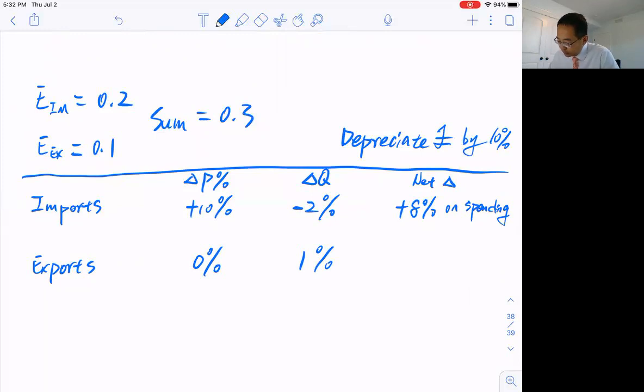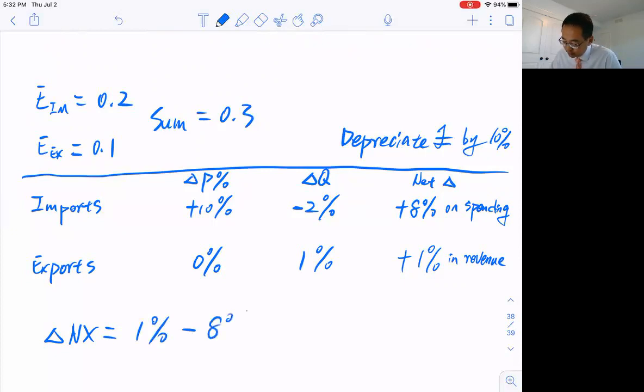So this is plus 1% in export revenue. Then the total change in net exports, right? That equals your change in exports, which is 1%, minus the change in your imports, which is 8%, and that gives you negative 7%. So the net change is negative 7% on your trade balance.